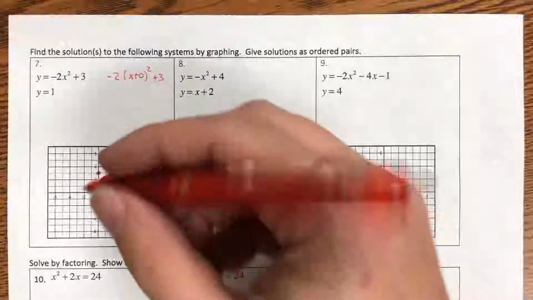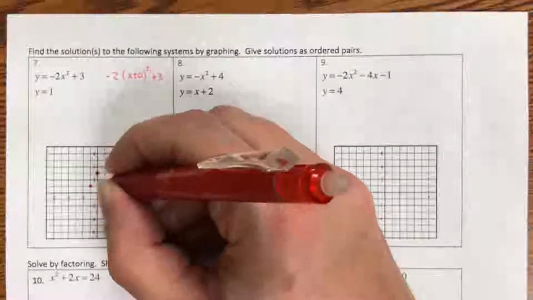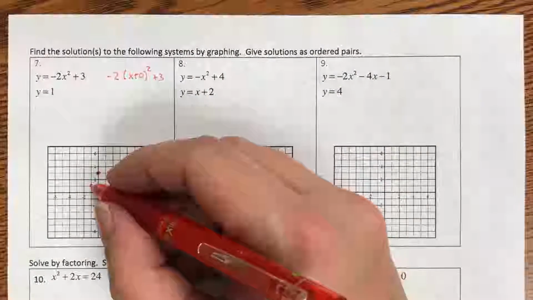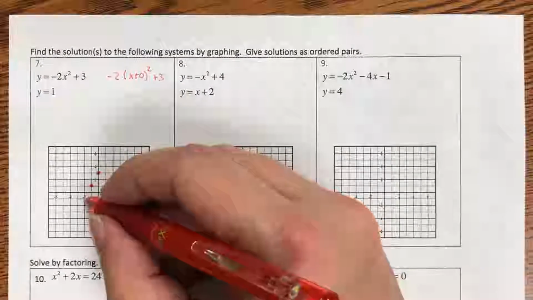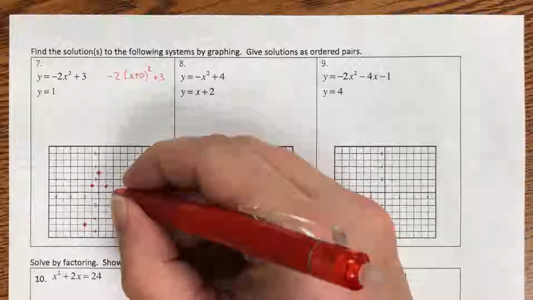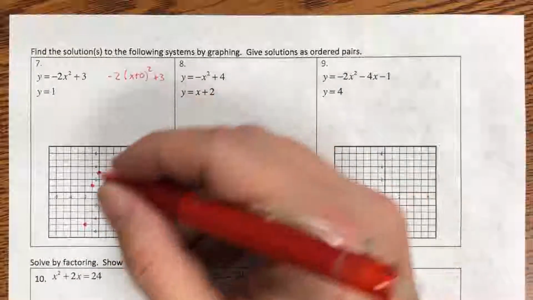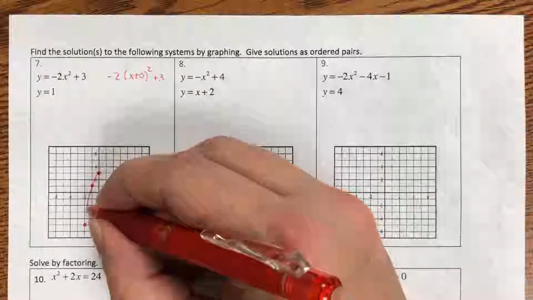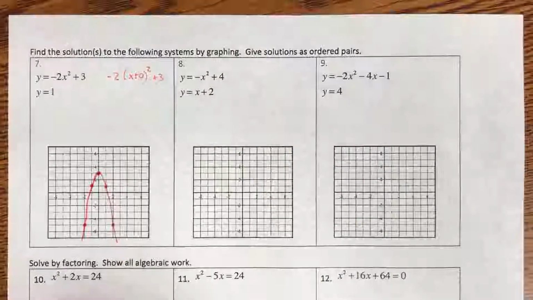My a value is negative 2, so I go down 2, and then I go down 6, so it has that look to it.